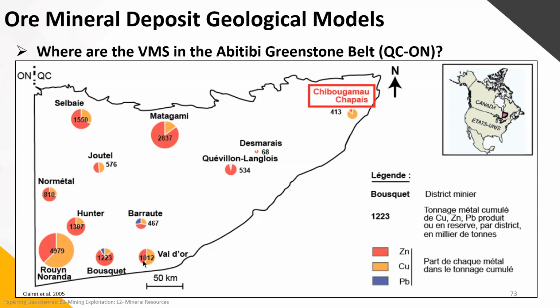We have the Val d'Or area, which is almost half and half. The Bousquet area is richer in zinc and has some gold, which is not shown here. The Matagami VMS is mainly zinc. Then around the Urban-Barry area, which is mostly zinc too. Joutel is half-half, and the Chibougamau area is mainly copper.